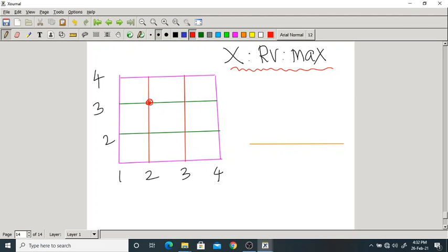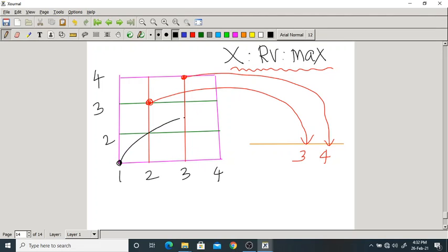What is the maximum? 3. So this will be given the real number 3. Suppose you take 3 comma 4. What is the maximum of 3 comma 4? 4. You take 1 comma 1. What is the maximum of 1 comma 1? 1.